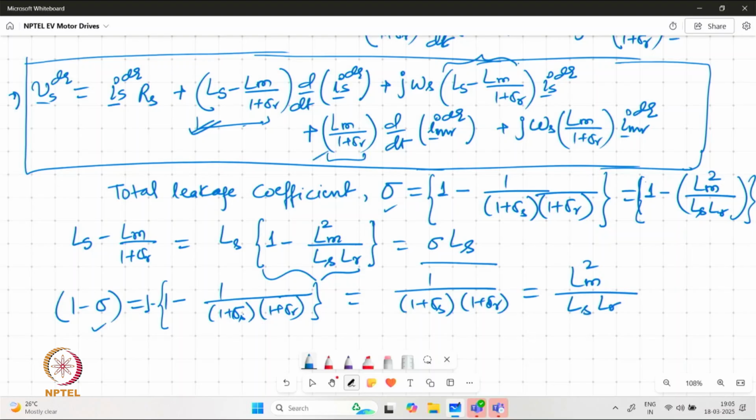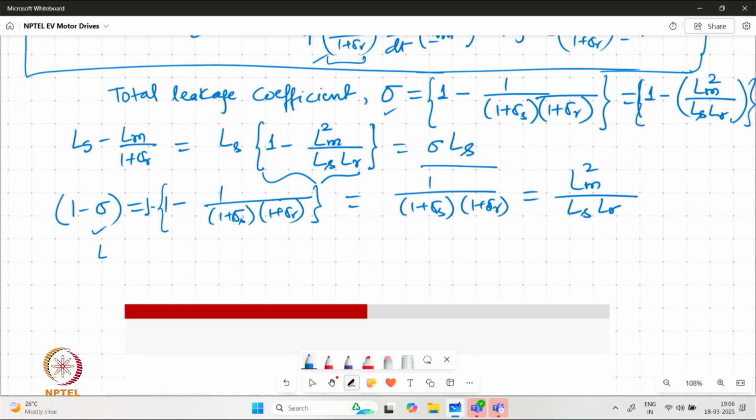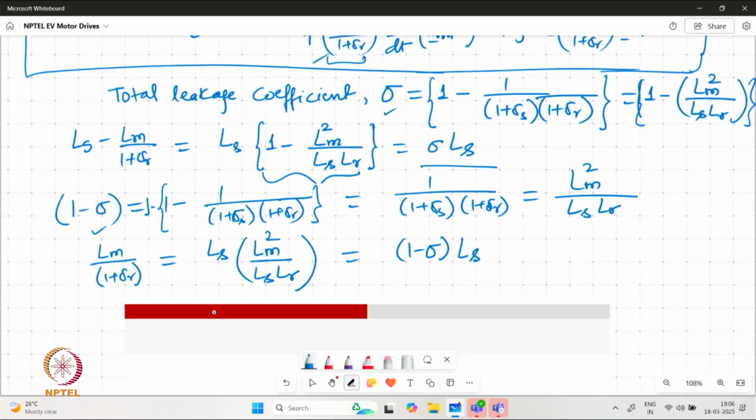So if we observe this term Lm by 1 plus sigma r, we can multiply Lm and Ls in the numerator and denominator, and we will end up having Ls times Lm square by Ls Lr, and this can be written as 1 minus sigma times Ls.